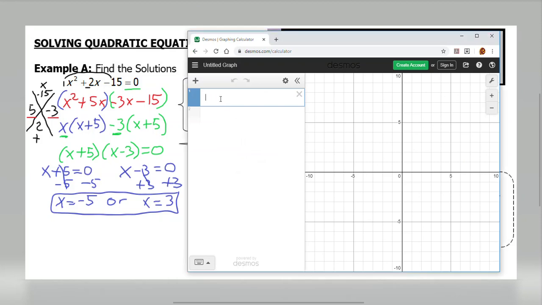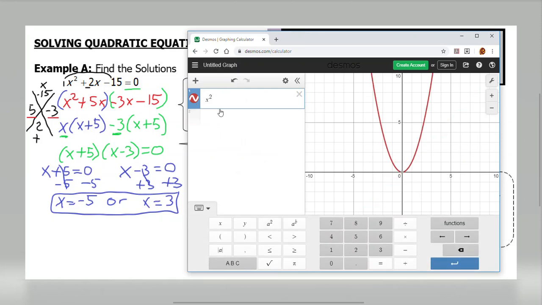All right, and on a graph, what this would look like, I can type this in as my original equation, x squared plus 2x minus 15 equals 0. And then where does it cross my x-axis? Well, I see it crosses at negative 5. My x value is at negative 5, right? See that? That's one of our answers we got.